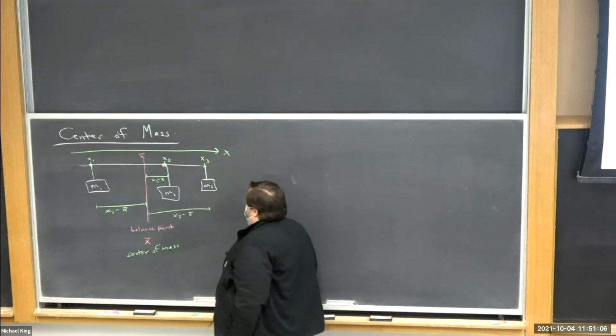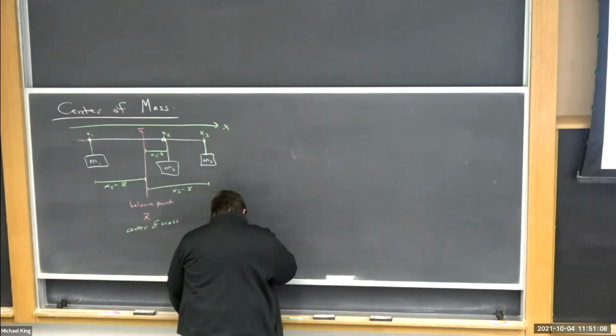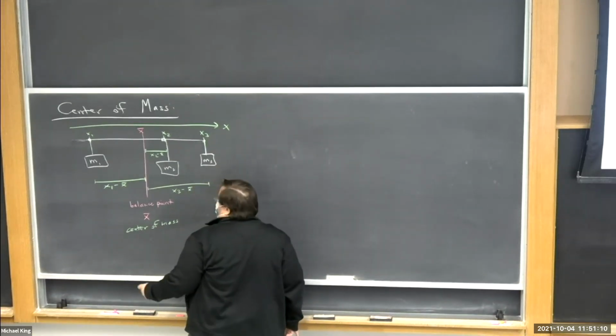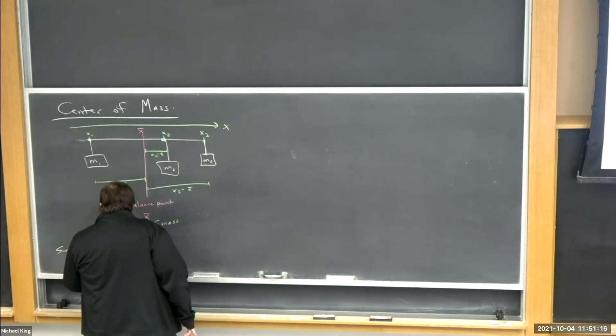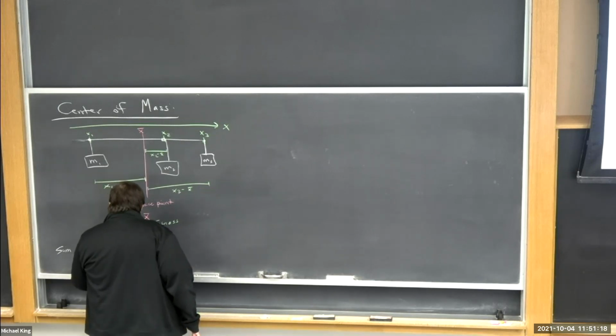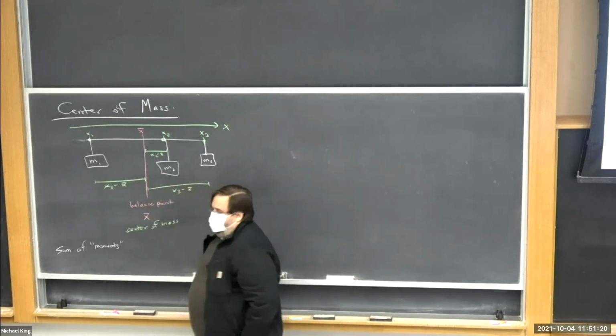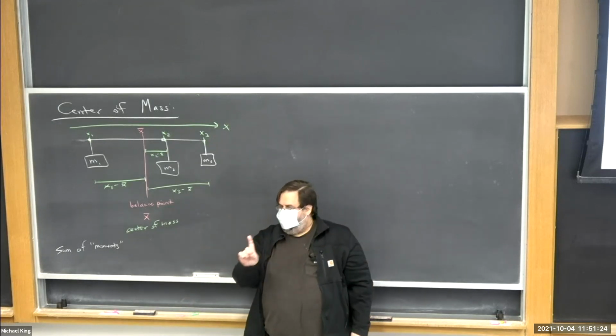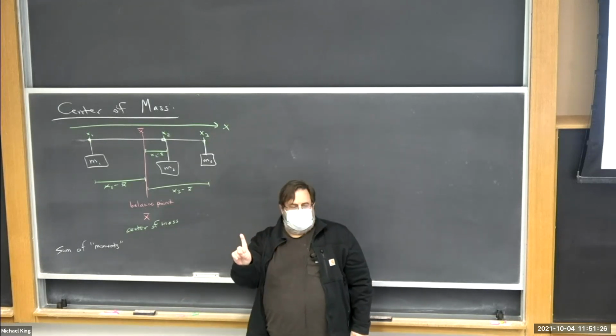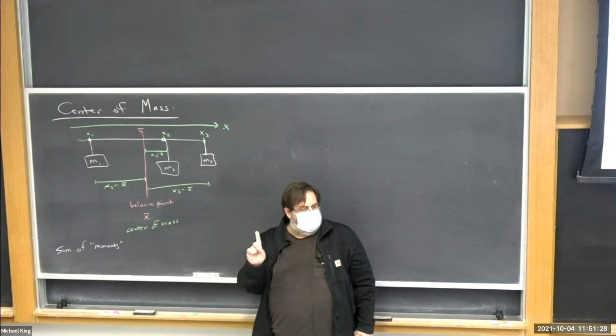The idea is that the sum of the moments, which is a weird word, is somehow just mass times distance. You sort of feel it. We talked about how if there was twice as much weight on one end as the other, you'd have to balance it 2/3 of the way towards the heavier mass.